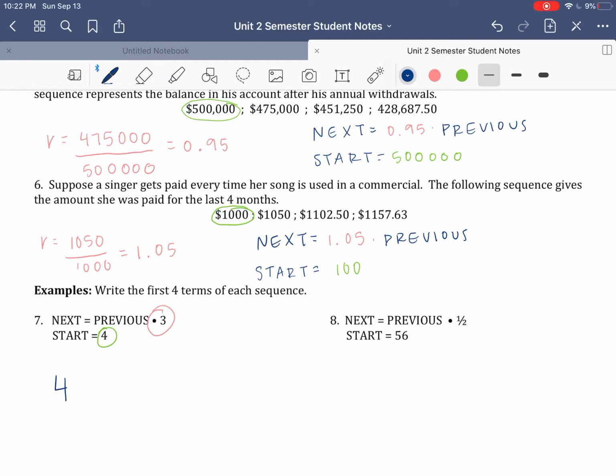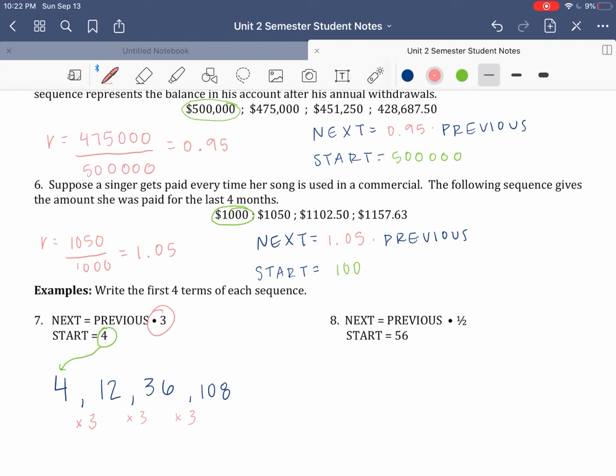You don't have to skip to the next one. We want the first 4 terms, so 4 times 3 is 12. Times 3 is 36. 36 times 3 is 108. So again, my start number came from right here, and then we multiplied by 3 every time.